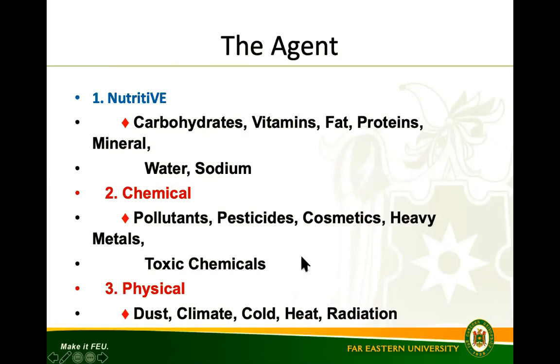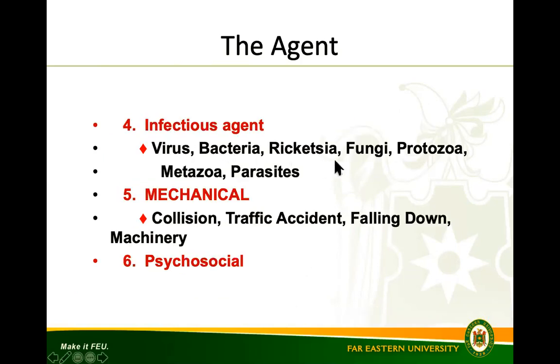I hope that you can see the examples in the slides. Examples of infectious agents are also written in the slide, and also the mechanical agents, and psychosocial agents like stress. Okay.